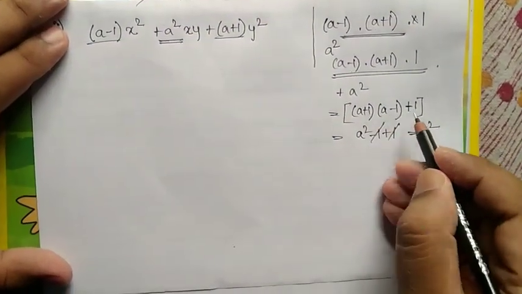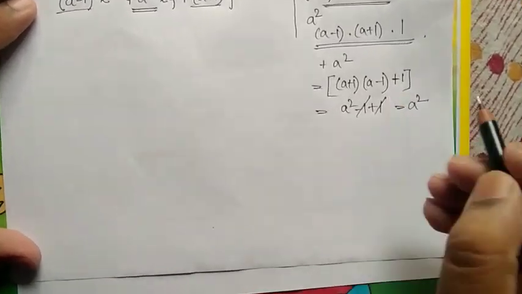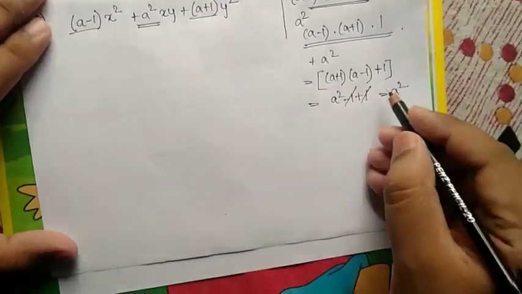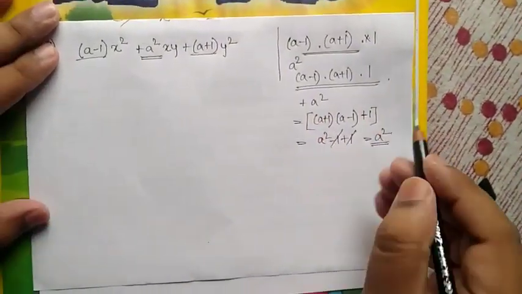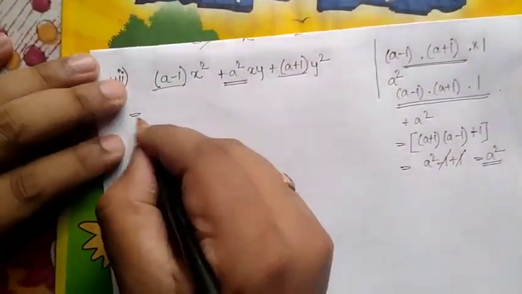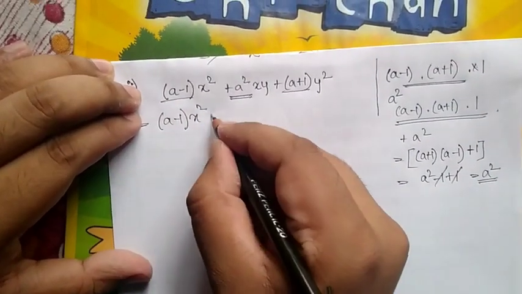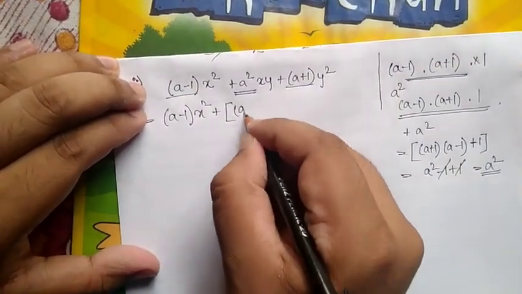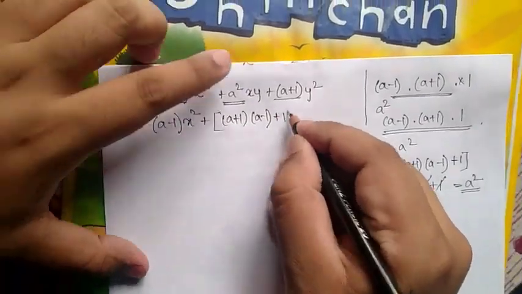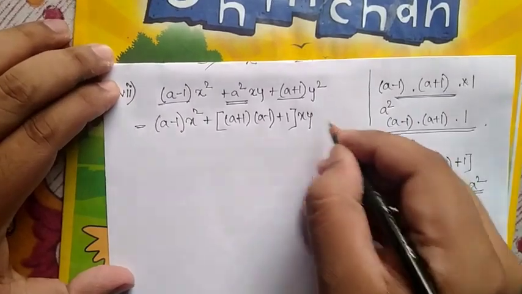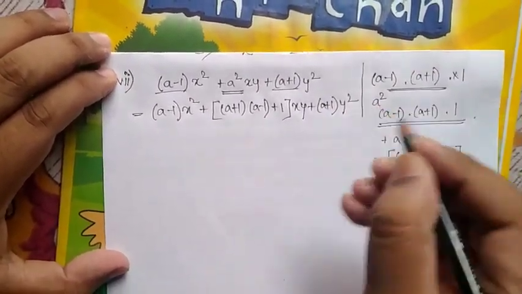Using the a plus b, a minus b, a square minus b square form, a square is a square minus 1 plus 1. So if we eliminate this, we can get a square, so therefore a square can be written in this form. So we can write a minus 1 x square plus a plus 1 a minus 1 plus 1 xy plus a plus 1 y square.